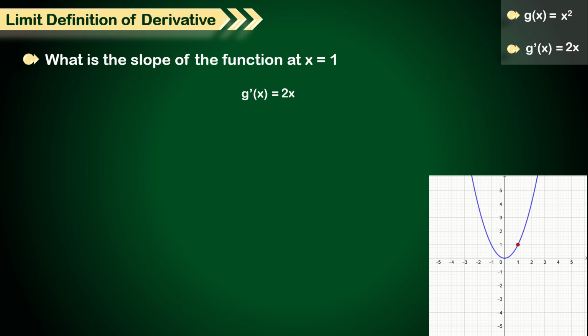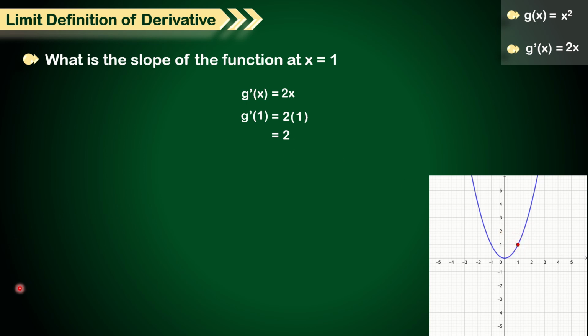Substitute the x-coordinate to the derivative. We have g prime of 1 is equal to the product of 2 and the x-coordinate, which is 1. Get the product, which is 2. Therefore, the slope of the function at x is equal to 1 is 2.